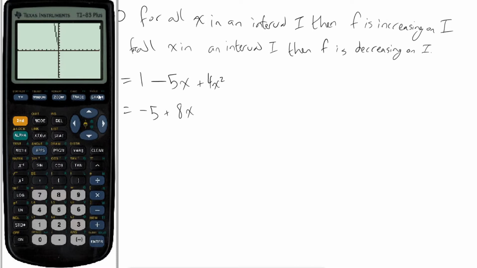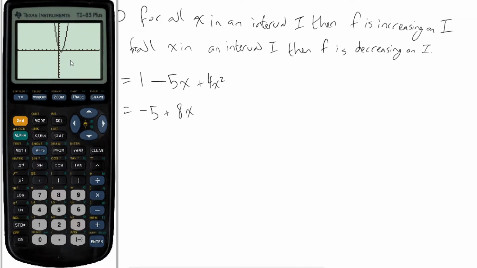Take a look at our graph there. We see it is just a normal quadratic function, which we would expect. And we can see it's tending downward to this point here, and then it goes upward. So it's decreasing to this point, increasing after this point.